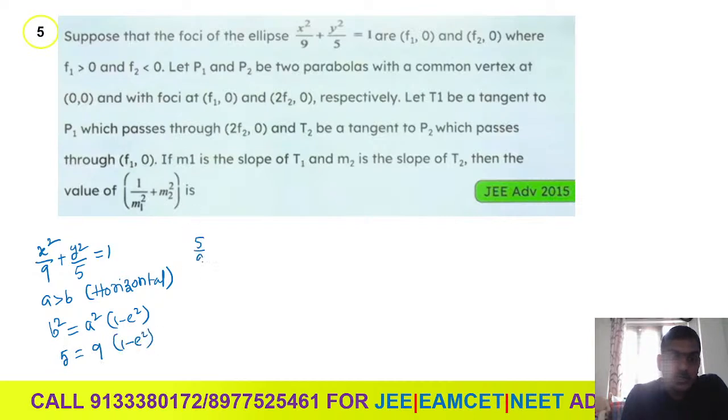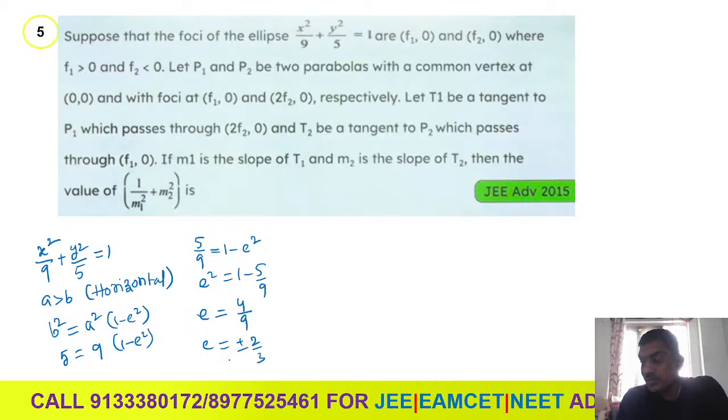So 5 by 9 equals 1 minus e square. e square is equal to 1 minus 5 by 9, which is 4 by 9. So e is equal to plus or minus 2 by 3.